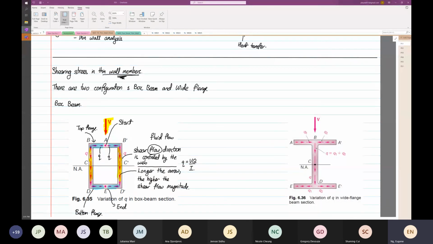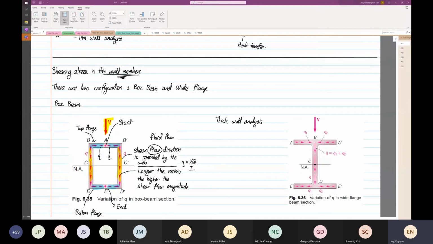On the side, I'm going to sketch the thick wall analysis, that's what we've learned so far.